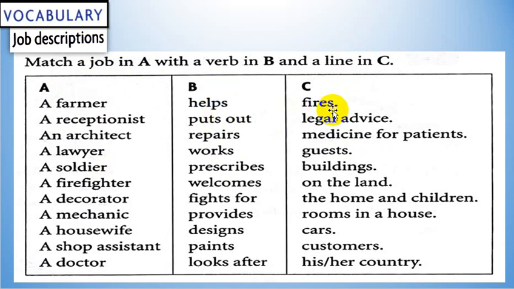Of course this is wrong. Here we said jobs: a farmer, a receptionist, an architect, a lawyer, a soldier, a firefighter, a decorator, a mechanic, a housewife, a shop assistant, a doctor. The verbs are helps, puts out, repairs, which of course relate to the jobs, and here is the completion of the sentence.